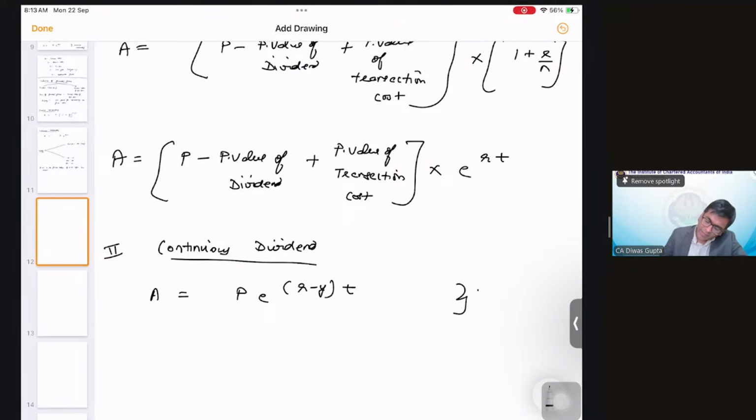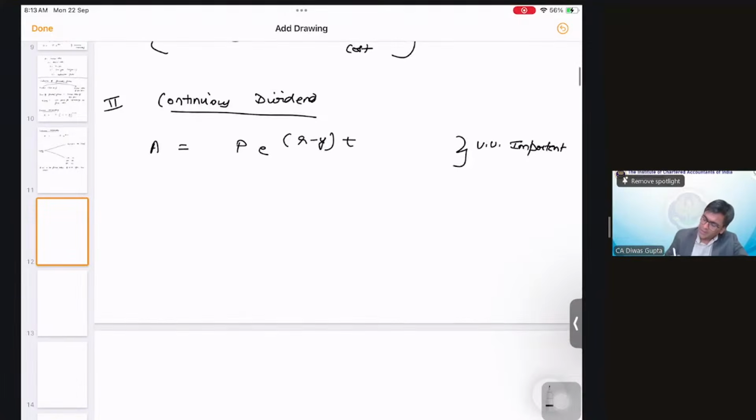So this is very, very important, students, as most of the questions this will be used. This is a very simple formula. Here y is equal to dividend yield and rest all things remain same.